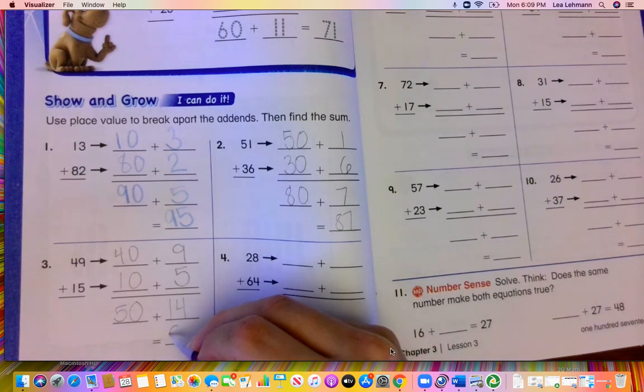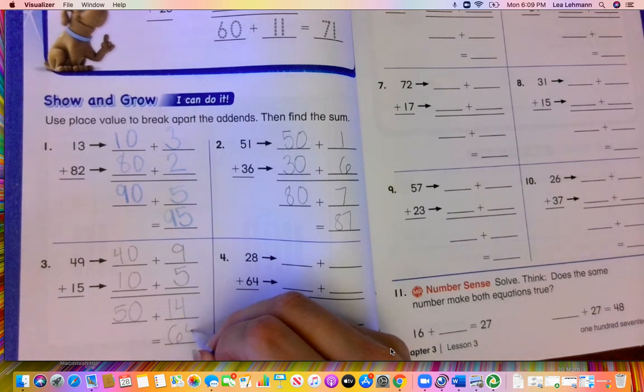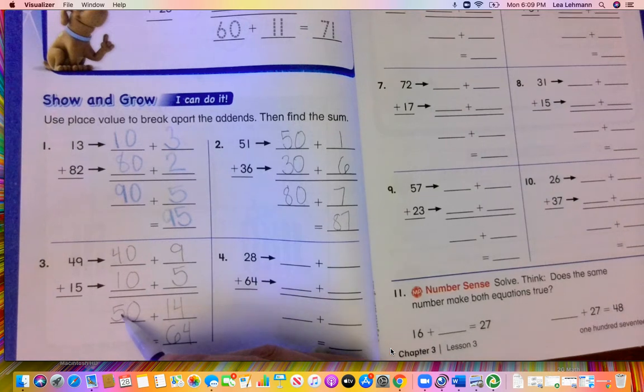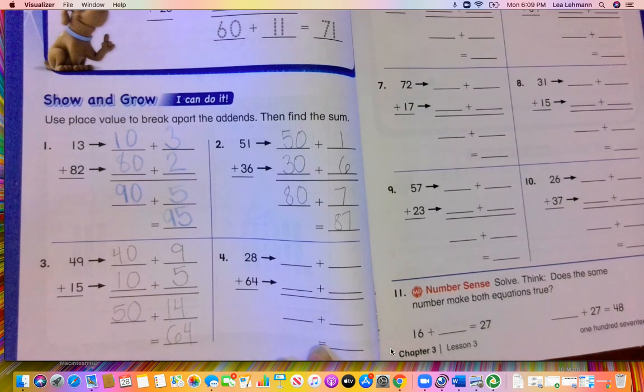So 60 is in our tens place. And then we can add that 4, right? Because if we just said it was 54, that's not enough, is it? 50 plus 10 is 60. And 4 more.